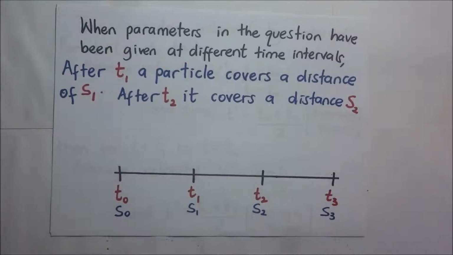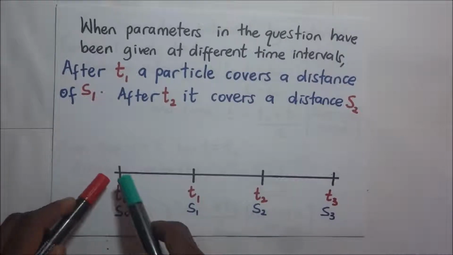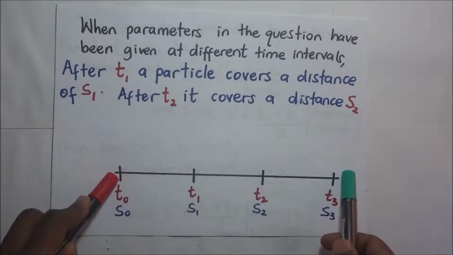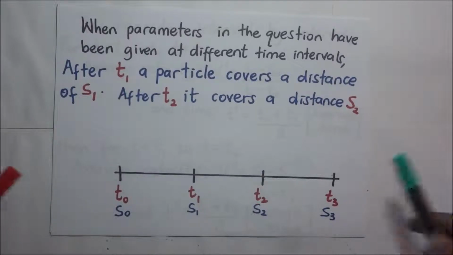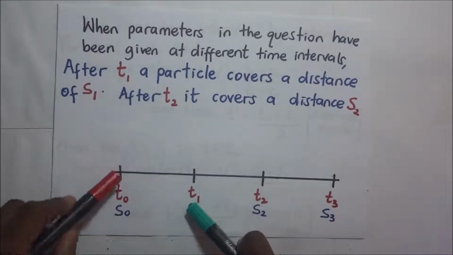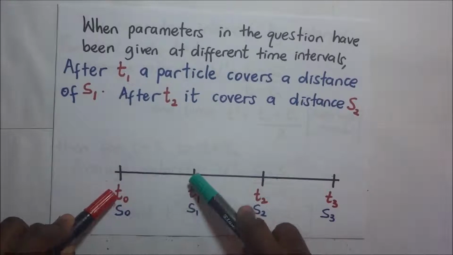If we are able to find the acceleration throughout this whole straight line motion, then we can get the initial velocity, the final velocity, and so on. So we shall be analyzing interval by interval. Let's say we want to find the acceleration. We'll look at the initial interval from t0 to t1.